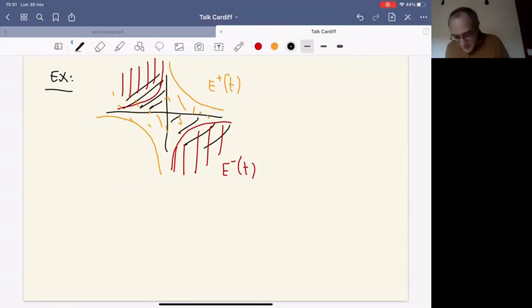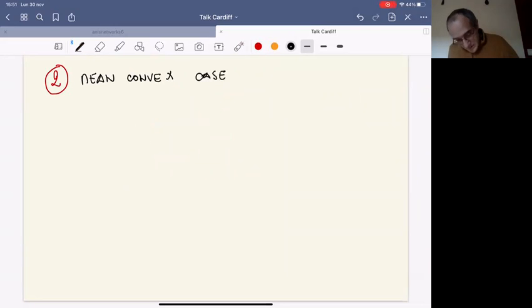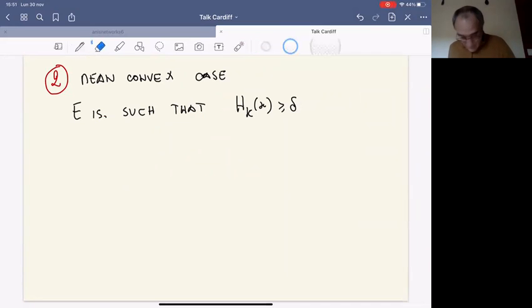So now let me just go to the second case I also wanted to briefly discuss, which is the mean convex case. Which means E is such that h_k of x is greater or equal than delta for all x.